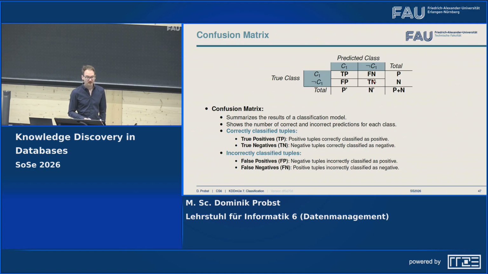The two things we want to avoid are to predict buys computer yes, while we aren't really buys computer yes. That's a false positive. And of course, we can have the other way around, where we predict that we are not of class buys computer yes, but we should be. That's a false negative.